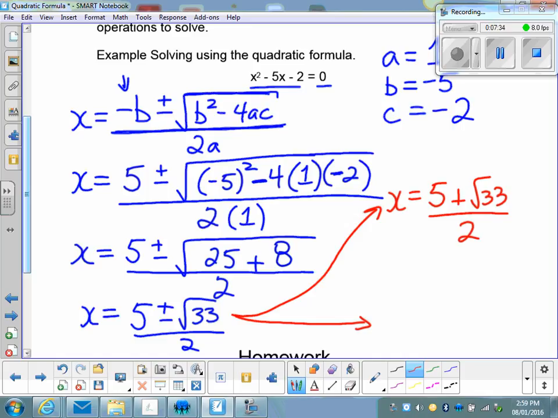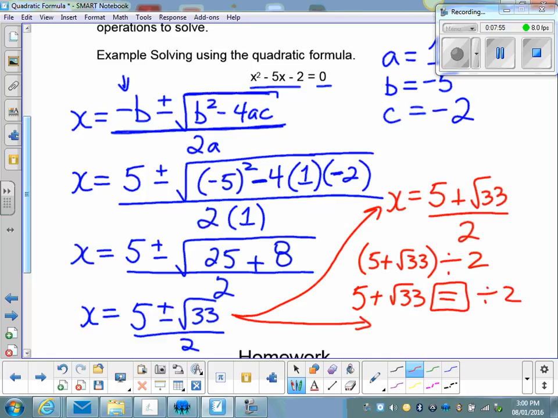It's important when you plug this into your calculator that you either put a bracket around that top part before you divide by 2, or you can do 5 plus the square root of 33, hit equals to get the answer in the numerator, and then divide by 2. Okay? Either way will work here.